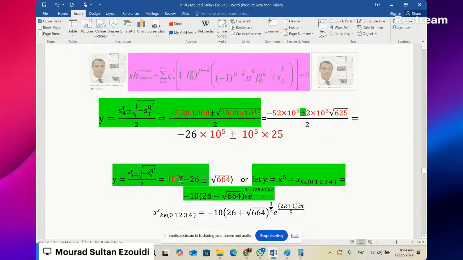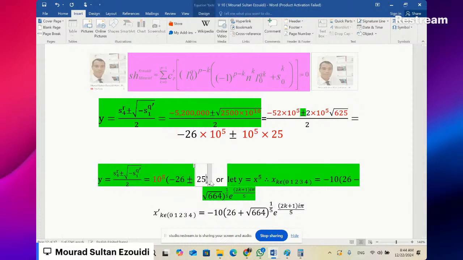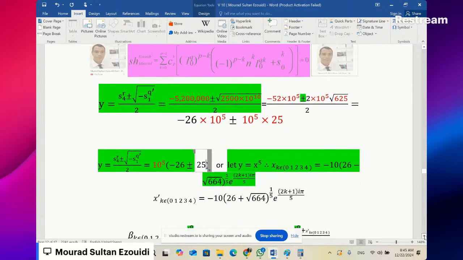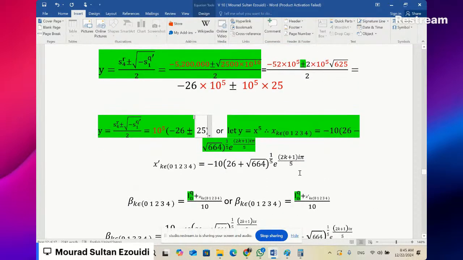Now, my kids, I will put 10 raised to the power 5 as a common factor. So it will be plus 25, plus negative 25. Now let y equal x raised to the power 5, because we did it before. I can simplify this, my kids.